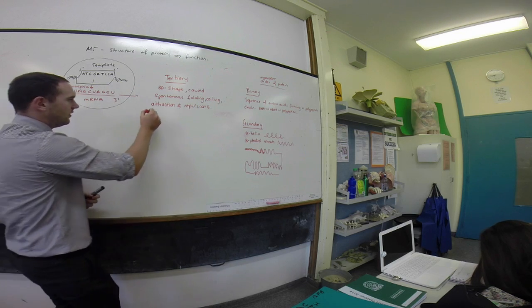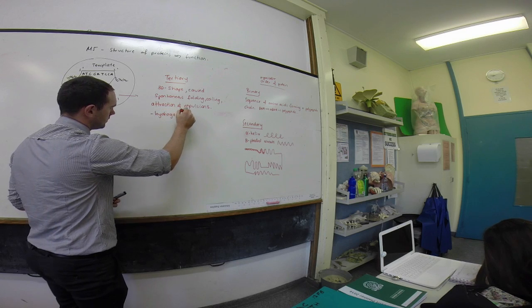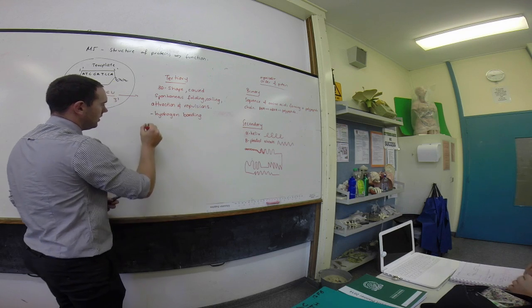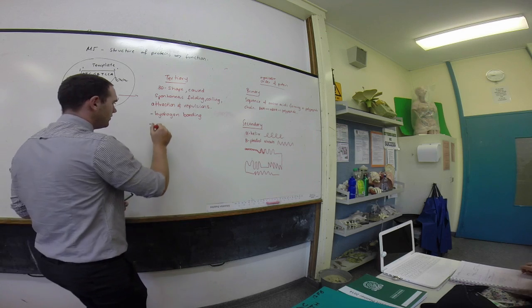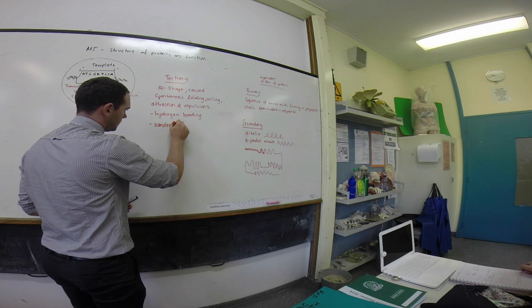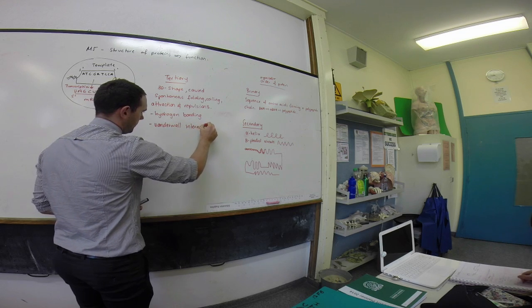So you might have additional hydrogen bonding, you might have, what are they called? Van der Waals interactions, I think they're called. I have to look that one up for spelling, I'm not a chemist.